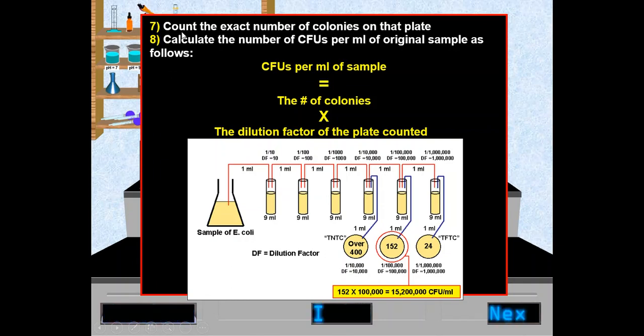Seventh, count the exact number of colonies on that plate. And lastly, calculate the number of CFU per milliliter of original sample as follows: CFU per milliliter of sample equals the number of colonies times the dilution factor of the plate counted.